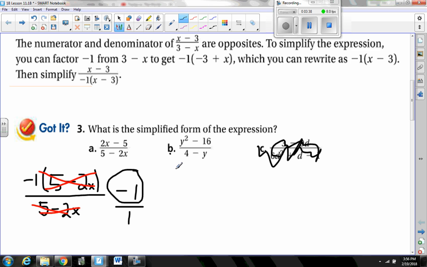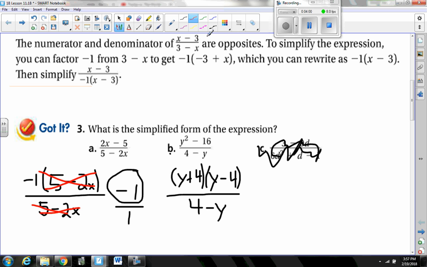So we should recognize that as factoring into y plus 4 and y minus 4. And then, of course, the bottom of my fraction is still 4 minus y. And now if you look at the top and bottom, there are two things that look like opposite factors.